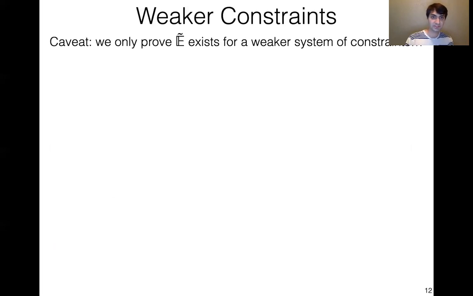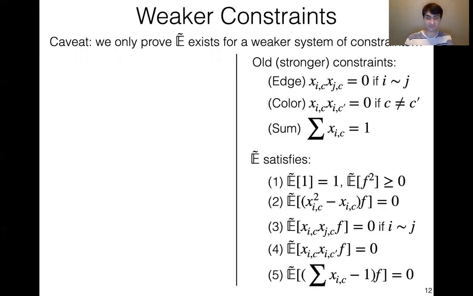So now I'm just going to take a brief moment to mention the caveat. There was that asterisk on when I stated our result. So let me just explain now what that is. We only prove that E tilde exists that's satisfying some weaker system of constraints. So on the right here, I have put the older constraints and what it means in terms of the pseudo expectation.